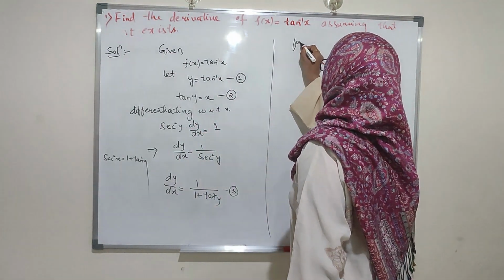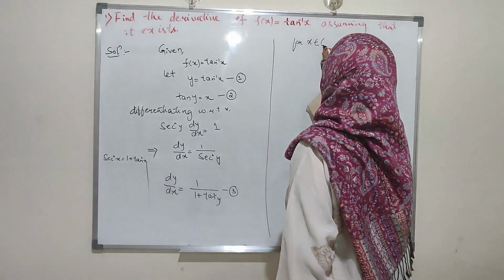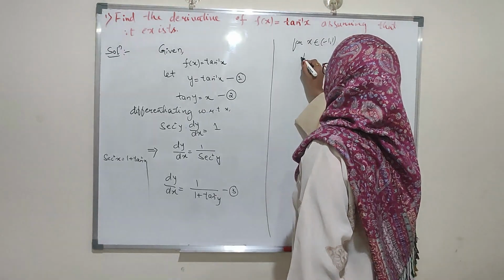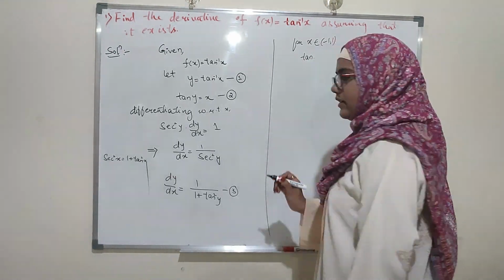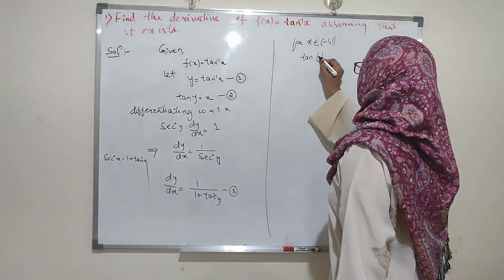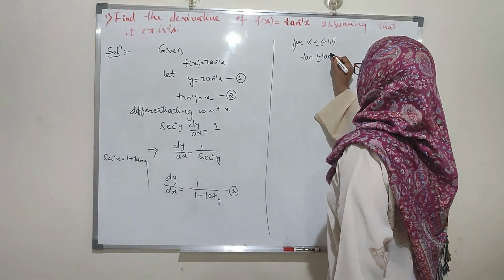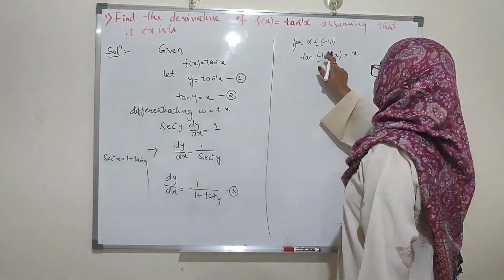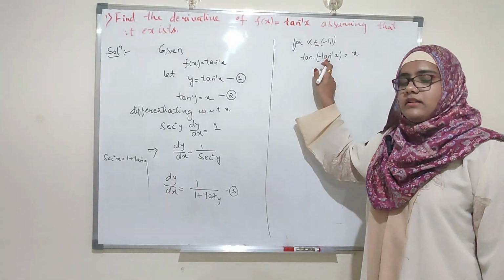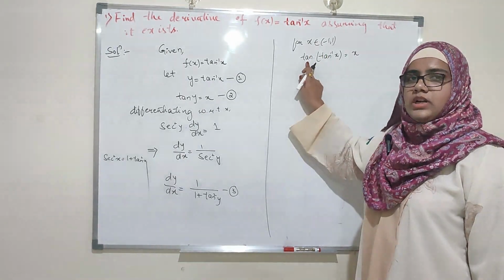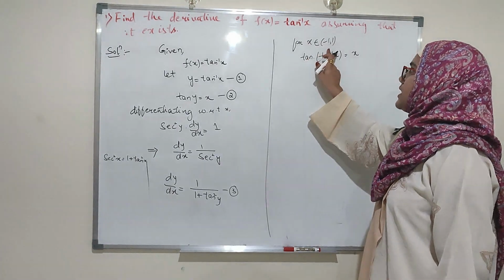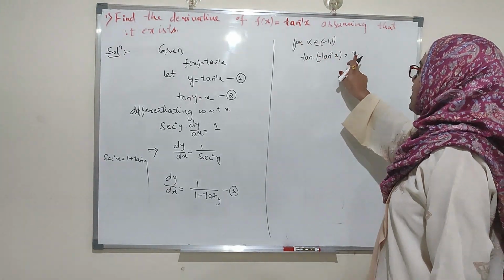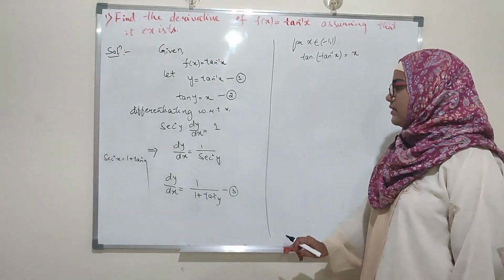For x belonging to the interval minus 1 to 1, x can be written as tan of tan inverse of x, which is equal to x. The plus 1 and minus 1 powers cancel, and x is remaining. So I am writing x as tan of tan inverse of x.